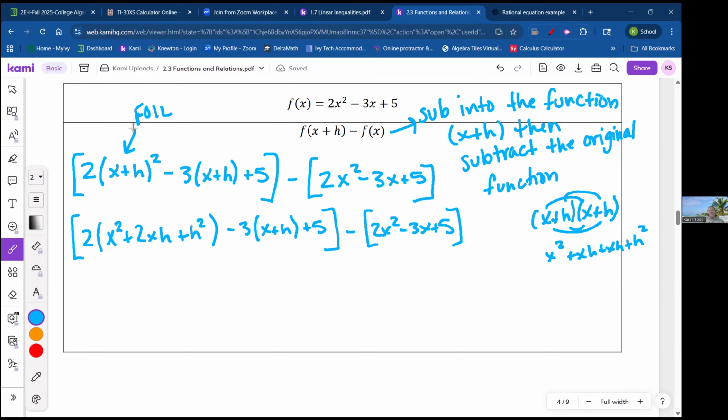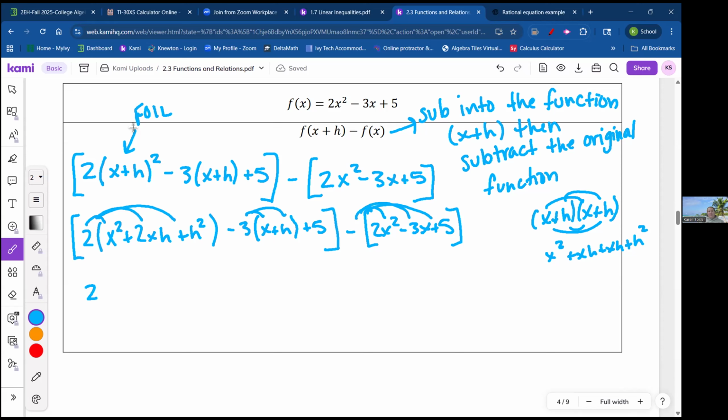Okay? Now, we're going to have to mess around with this later. But I tend to distribute all at once. Yes, I could have distributed a lot sooner, but I tend to distribute all at once. So now I'm going to distribute the 2 into that parenthesis, the -3 into that middle parenthesis, and the -1 to that end set of brackets there.